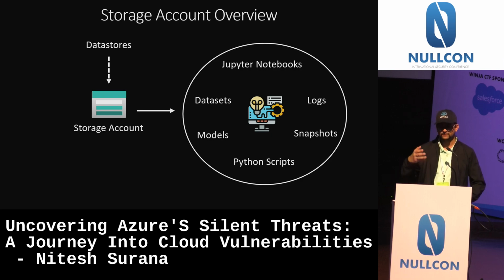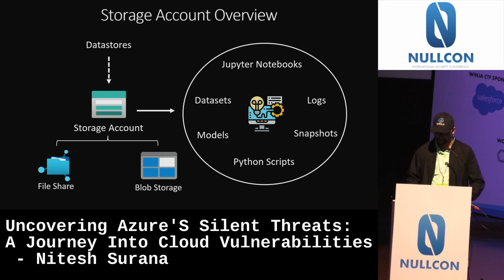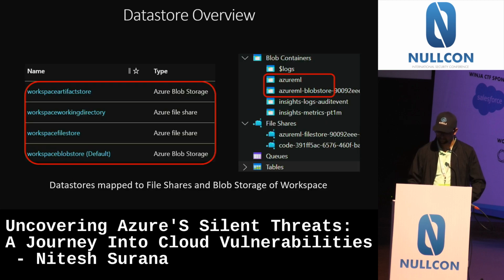You can simply refer to the storage account using the data store, and you don't need to plug in your credentials in your scripts. So basically you can refer to the file shares or the blob containers, and that is exactly where you store your notebooks, datasets, logs, models, and everything. These are the storage side of things for machine learning as a service in Azure Machine Learning.